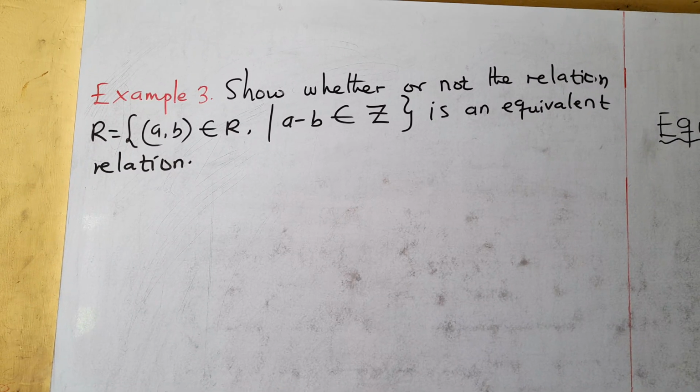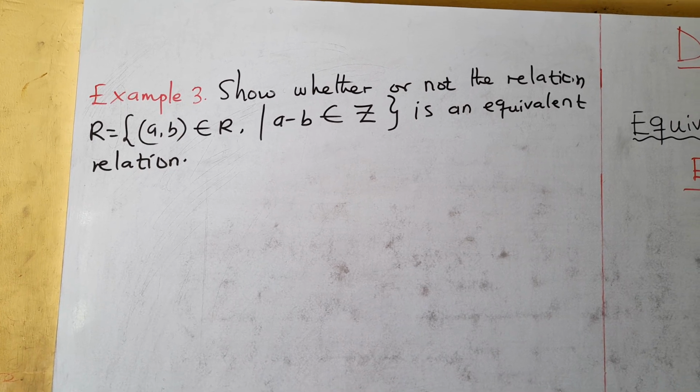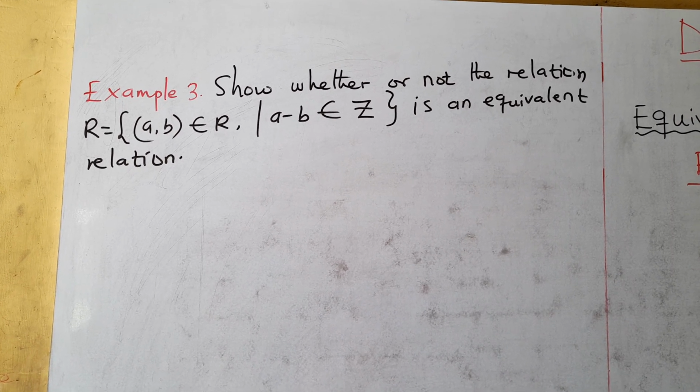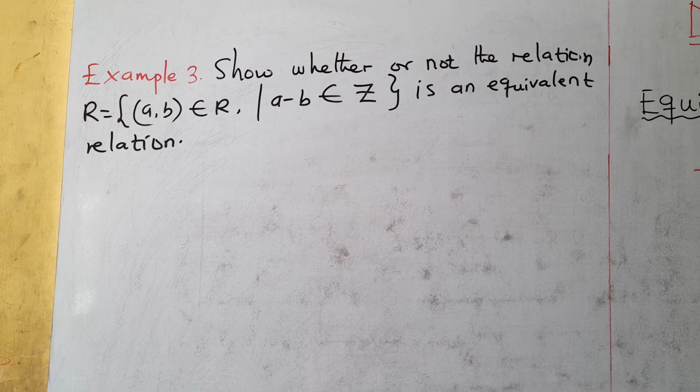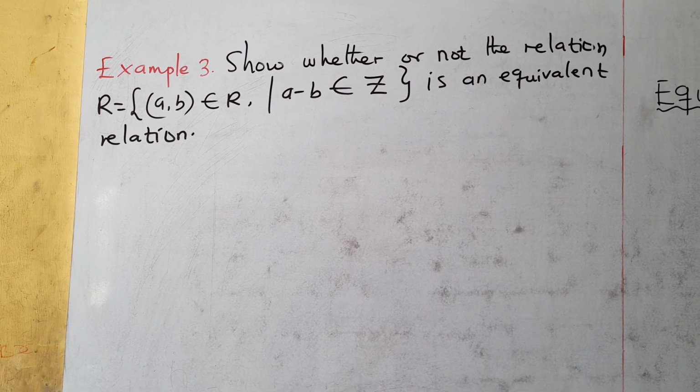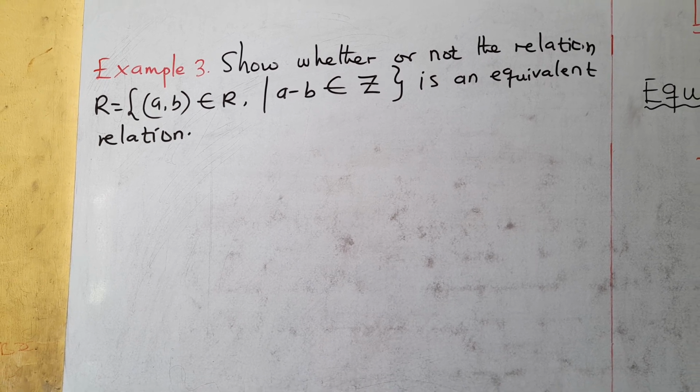So our third question says that we should show whether or not the relation R equal to the ordered pairs (A, B), where A minus B is an integer, is an equivalence relation.